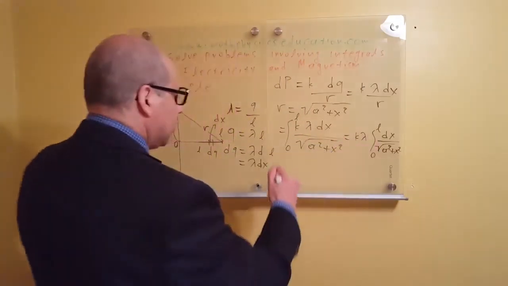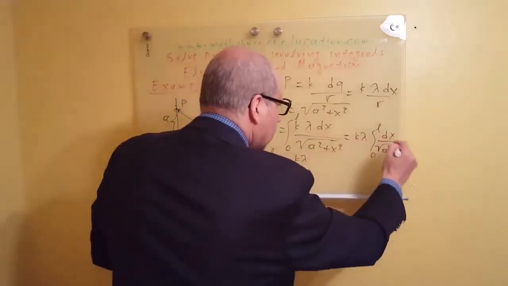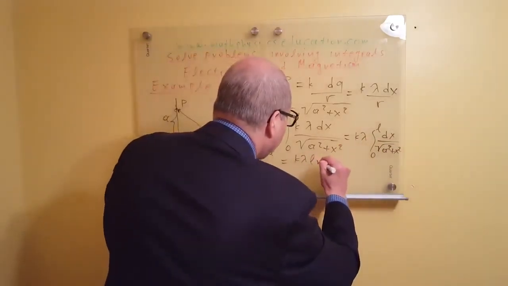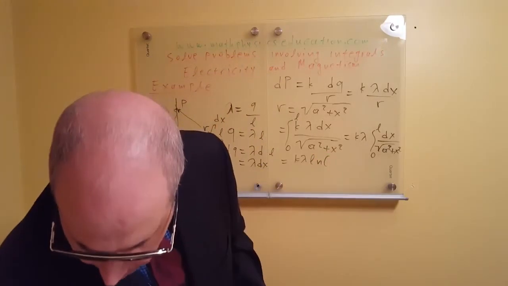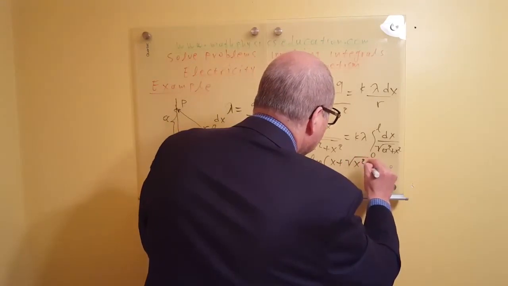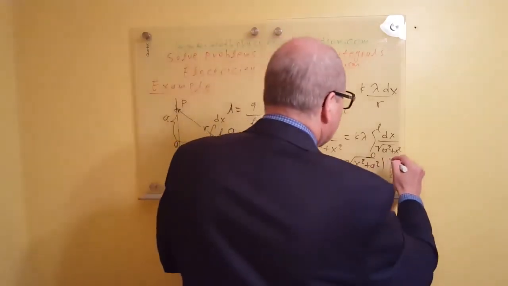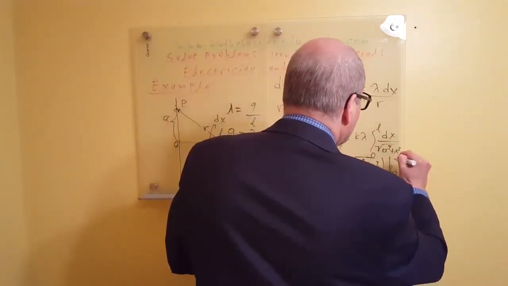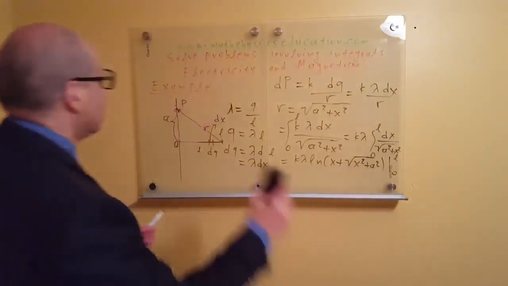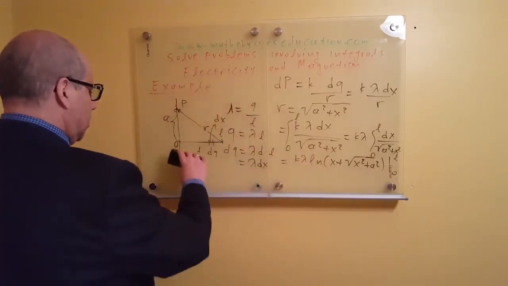So that's the integral, and you have to integrate it from 0 to L. You put in the first limit x equals L, which gives k lambda ln of L plus the square root of L square plus a square, minus k lambda ln of the lower limit.